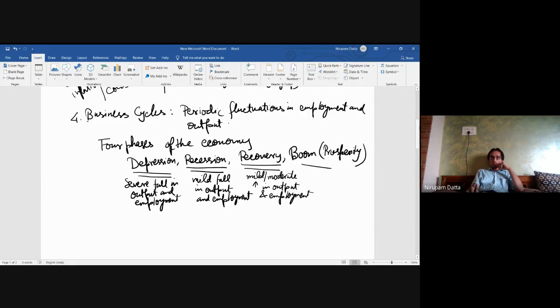And what is boom? When there is first increase in output and employment. So this happens when the economy has already reached the full employment level after this first increase in output and employment, and it also has a tendency to overshoot that full employment output level.